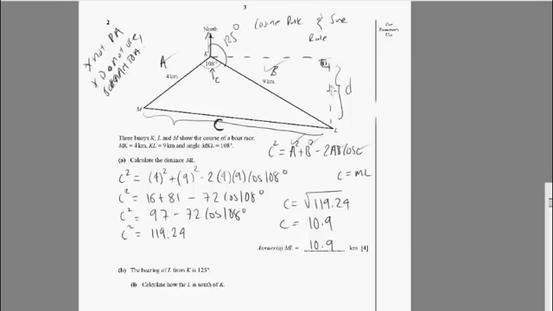To use SOHCAHTOA to get this distance, it will be helpful to find this angle. We know this angle here would be 125 subtract 90. Because if this whole thing is 125 and this inner angle is 90, then the leftover angle would be 125 subtract 90, which is equal to 35 degrees. So this angle here is 35 degrees.